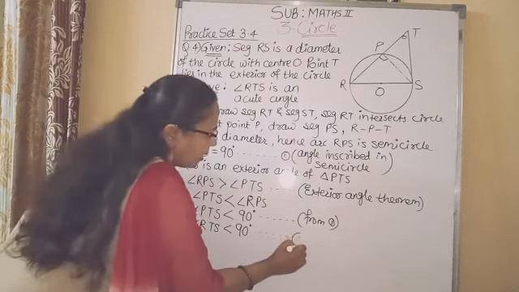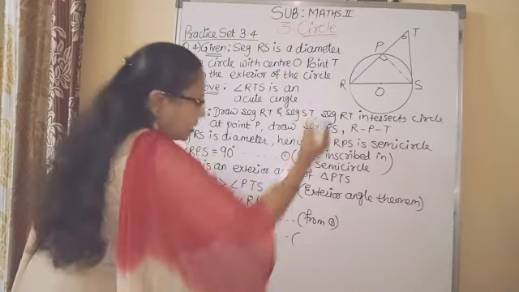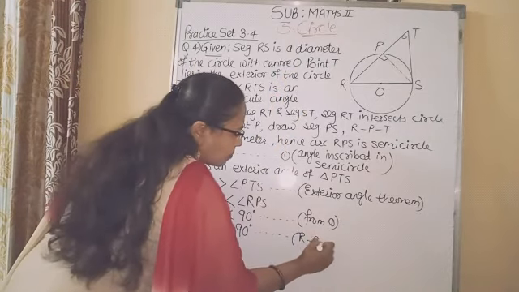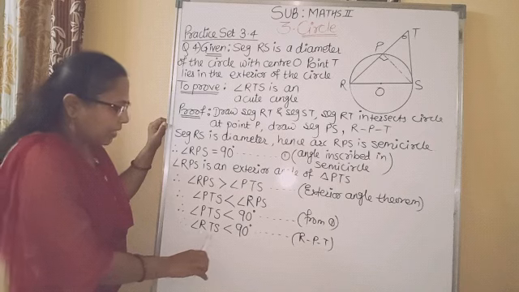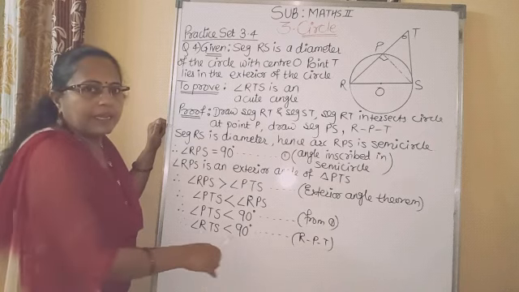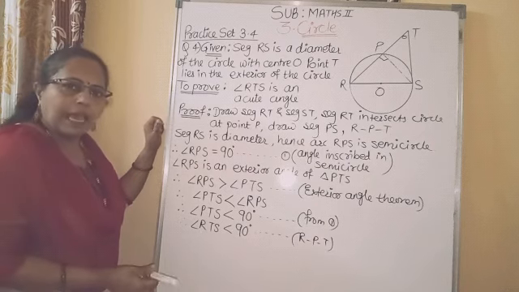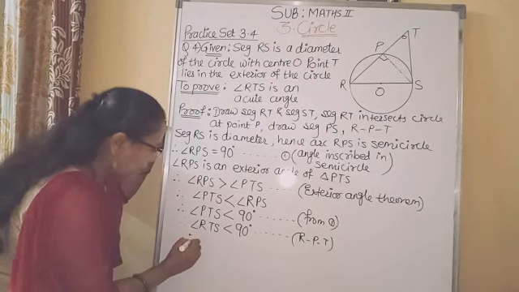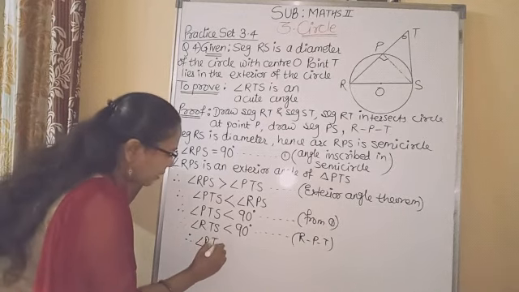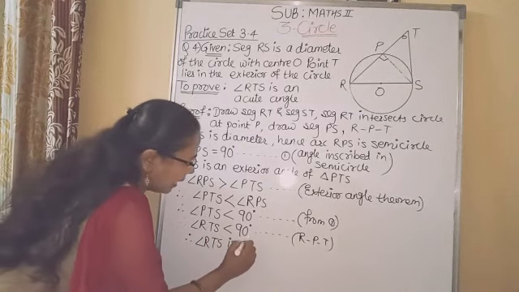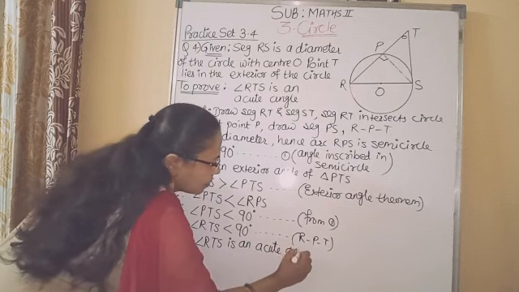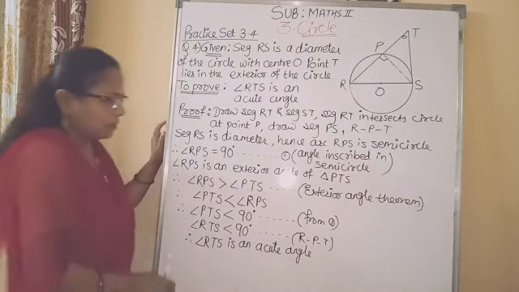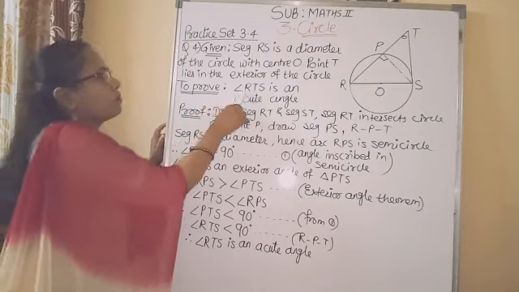Here the reason you can write is R-P-T. So we got here that the measure of angle RTS is less than 90 degree. That means angle RTS is an acute angle. Therefore, angle RTS is an acute angle. So this way we proved what we wanted to.